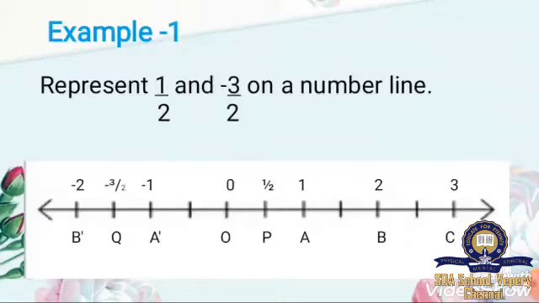With an example, the given data represent 1/2 and -3/2 on a number line. To represent this, first I consider P is equal to 1/2 and Q is equal to -3/2. I already marked P as 1/2 and Q as -3/2. Let's see how to plot these points.